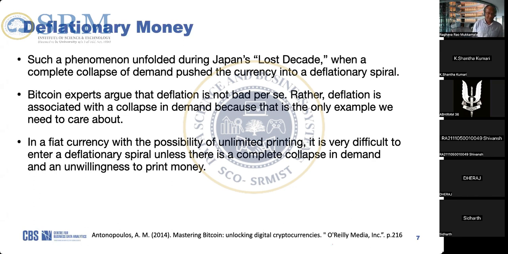So in fiat currencies, there is the possibility of unlimited printing. The governments are free to print a lot of money without much regulation, so it is very difficult to enter into a deflationary spiral. If the economy is slowing down, they try to pump in more money.